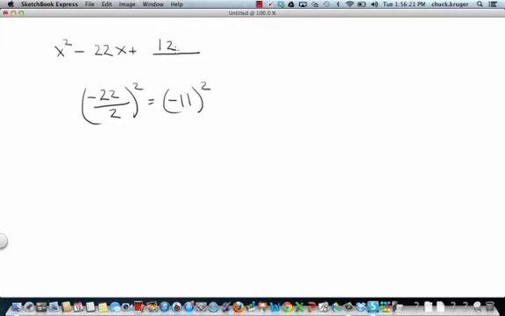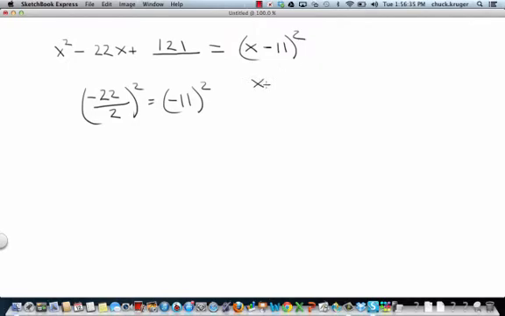Now x² − 22x + blank. Well, I'm going to take negative 22, take half of it, and square it. This gives me a negative 11. If I square negative 11, I get 121. That's equivalent to a binomial of, what's half of a negative 22? It's a negative 11. These are the same thing.